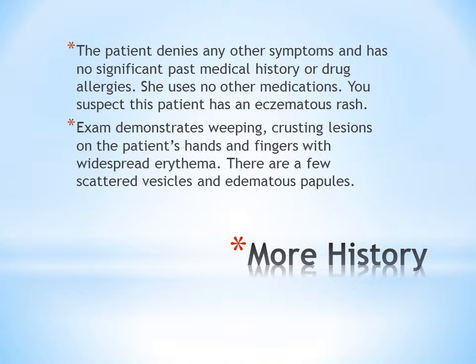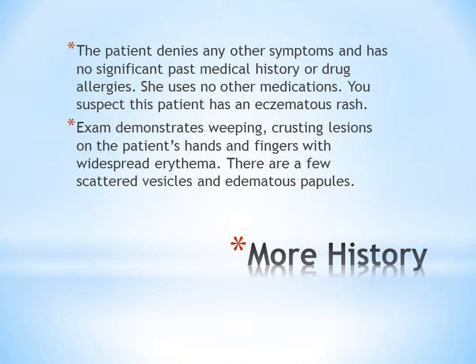She uses no other medication. So you suspect based on this very limited history that she has an eczematous rash. So eczematous rash is kind of a grab bag term for any red scaly rash, and there are many disorders that can present as a red scaly rash.